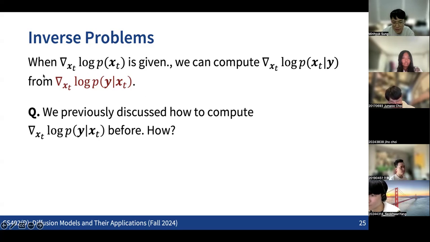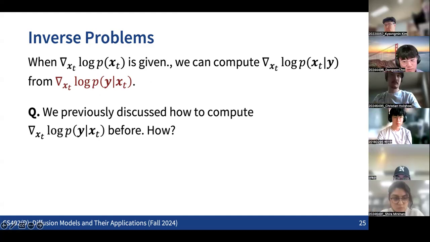And actually, in the previous lecture, we discussed how we can calculate this part. Do you remember what the names of the techniques for computing this score of y conditioned on xt were? We discussed two techniques for this.